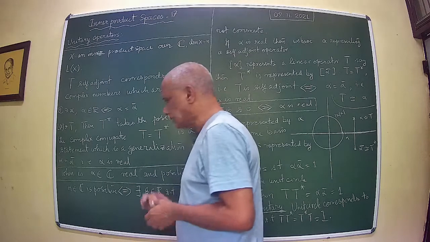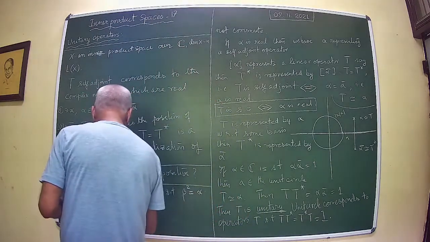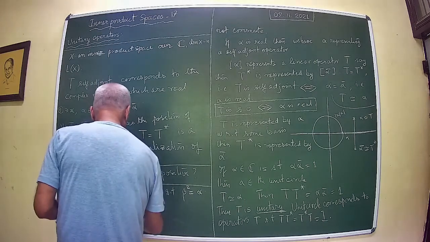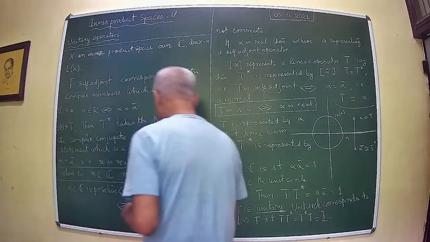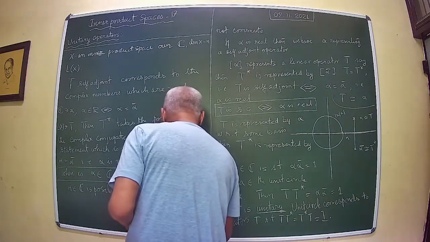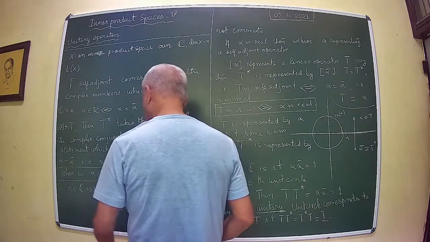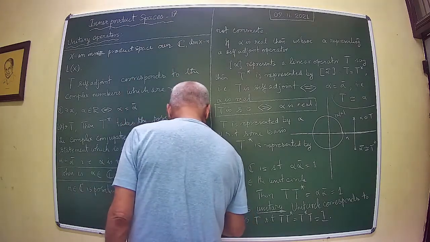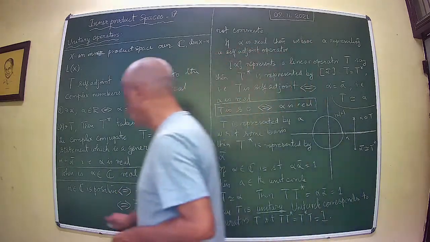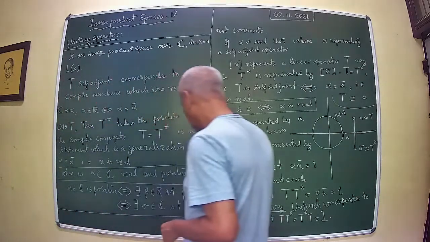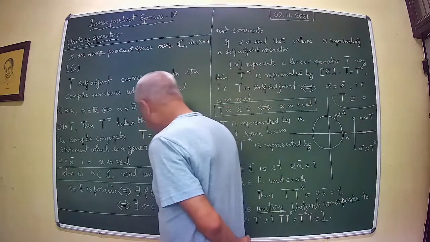The second property is that, also if and only if, there exists sigma belonging to C such that sigma bar sigma equal to alpha. So both these statements are true. What are the analogous statements that you have?